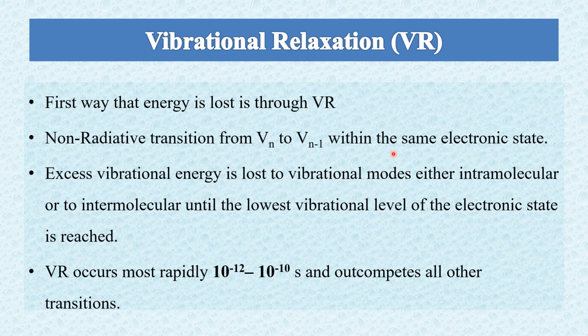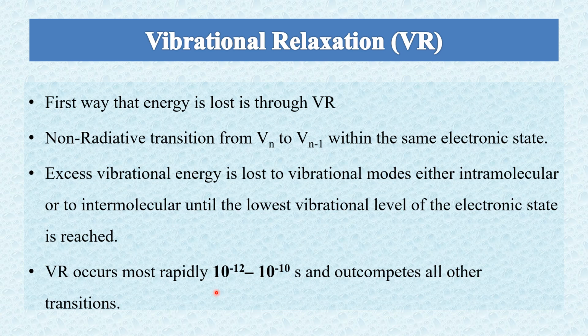It can be in S1 or S2 or S3. Excess vibrational energy is lost to the vibrational modes, either intramolecular or intermolecular, and it keeps on losing its energy through vibrational relaxation until it gets to the lowest vibrational level of the electronic state.